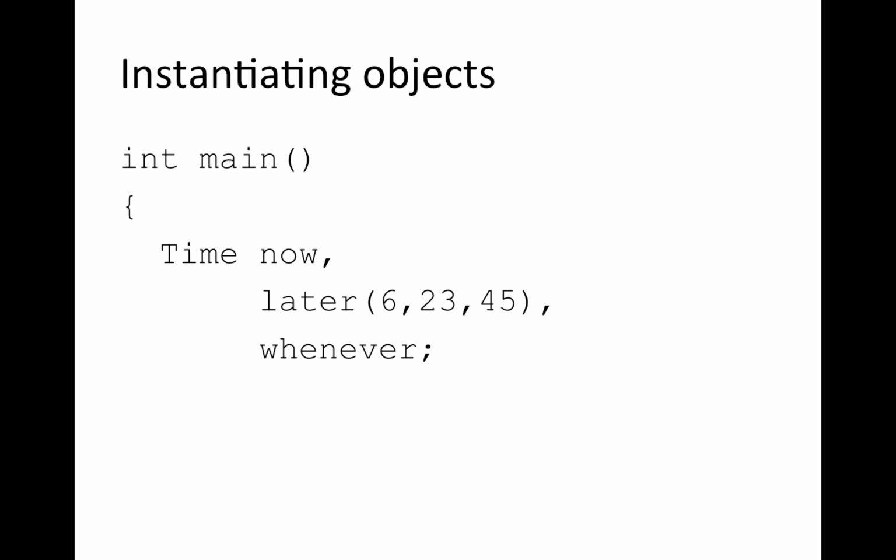So what does that mean, arguments? When you instantiate an object, automatically the constructor function is called in order to initialize the data members within that object. So with the now object, I'm not passing any values for the hours, minutes, and seconds, so it's going to use the defaults of zeros that we had in that constructor function prototype. So hours, minutes, and seconds will all be 0 for the object now.